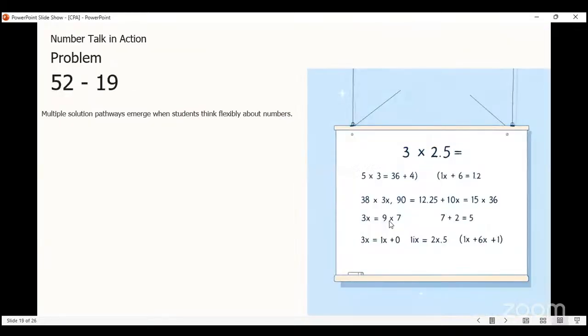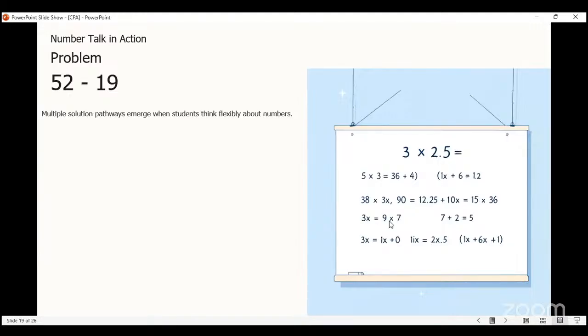Let's see number talk in action. Looking at our slide, we have 52 minus 19.